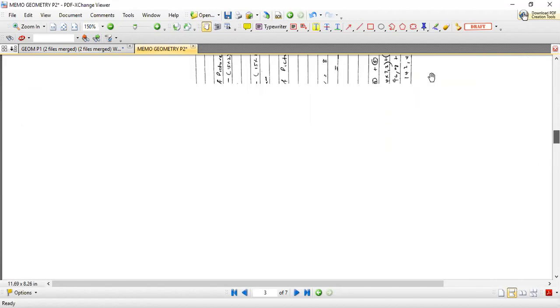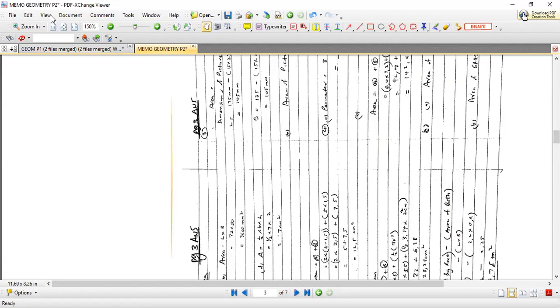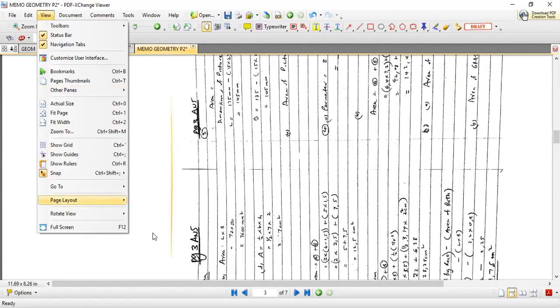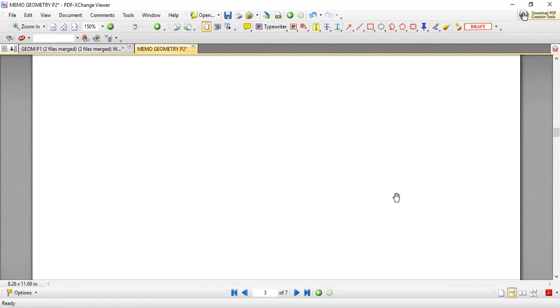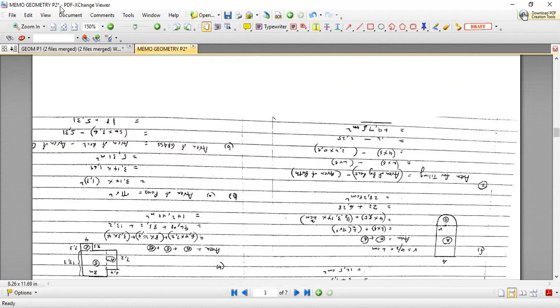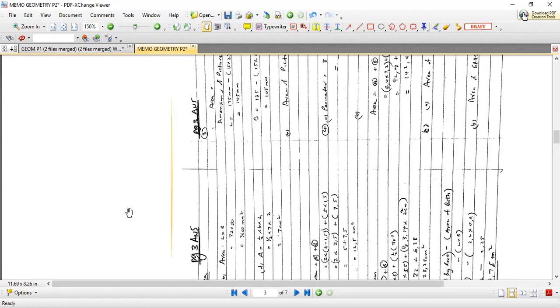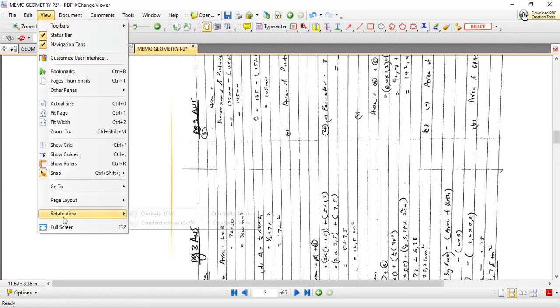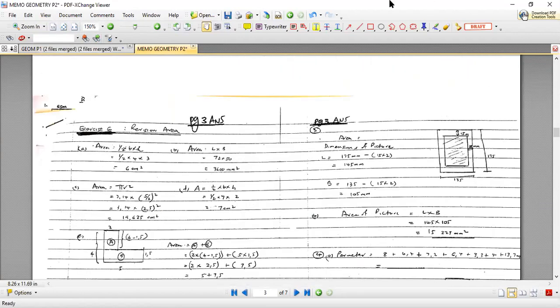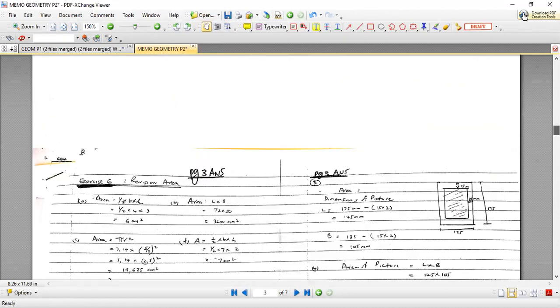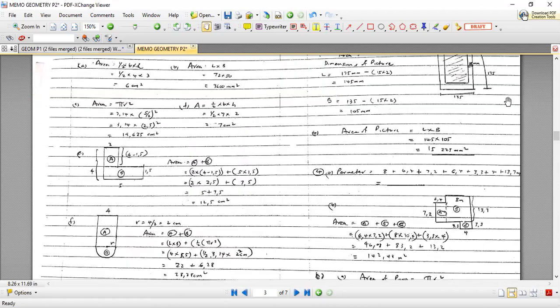Okay, so looking at figure 1E, we are looking at the rectangle.